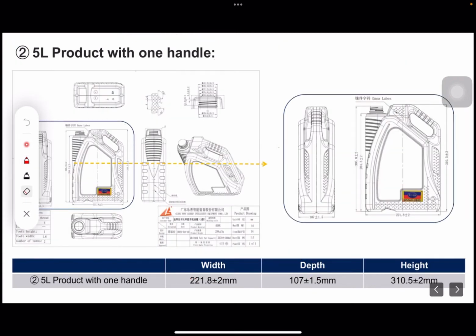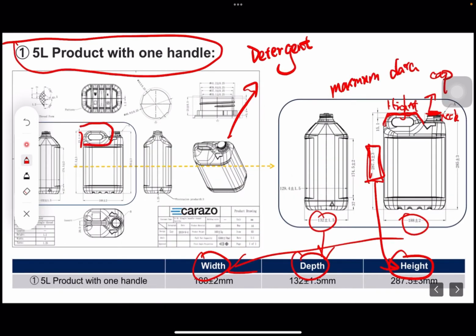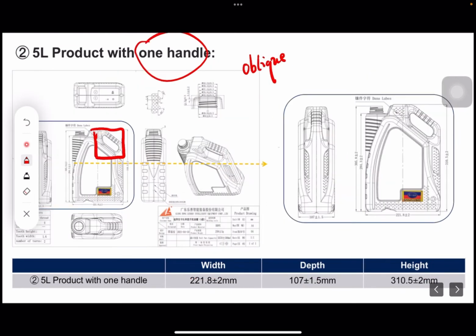Actually, it is so similar to this one, right? Also one handle, but the biggest difference is here. As you can see, its handle is oblique. But here, you can see it's just like a square, right?